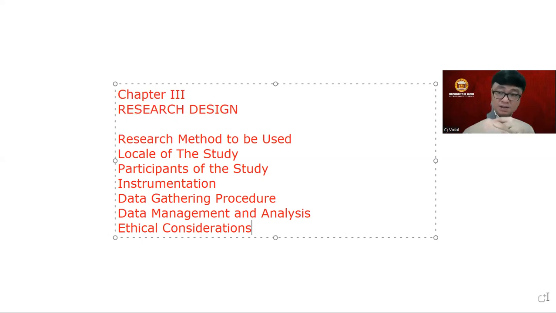So historical, descriptive, and experimental. Please note that descriptive method can be categorized further into the following subtypes. We have survey, developmental studies, correlation study, comparison study.